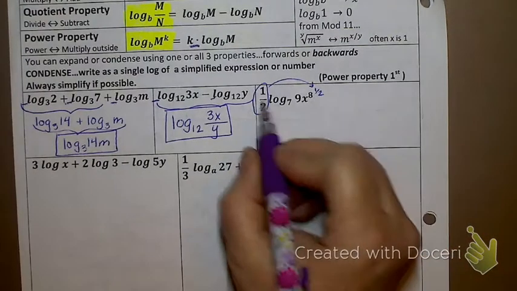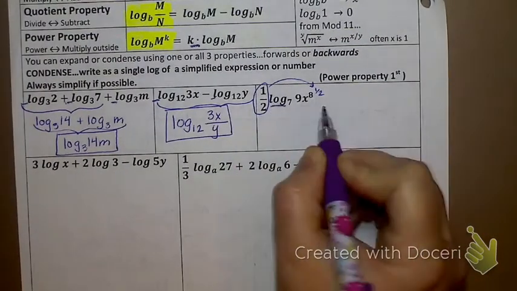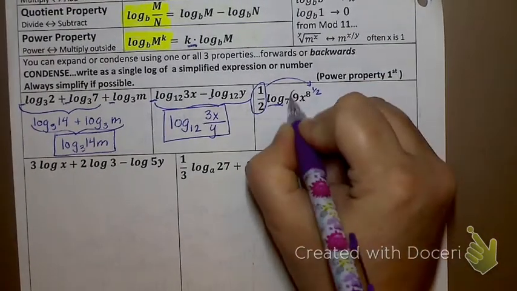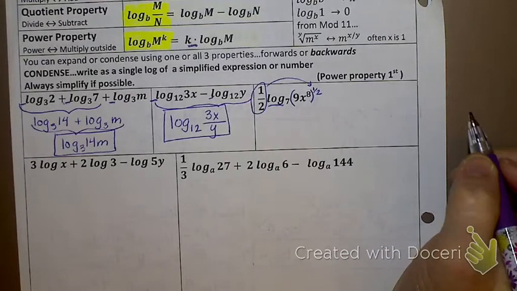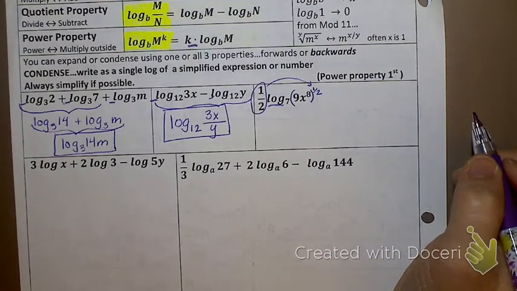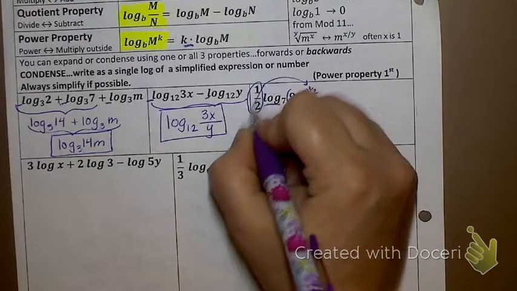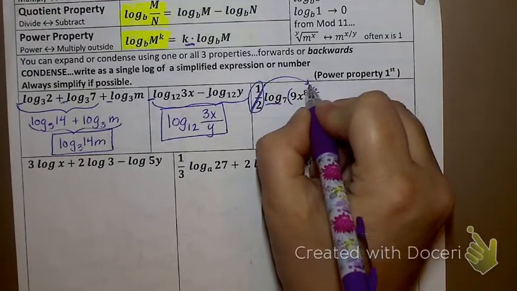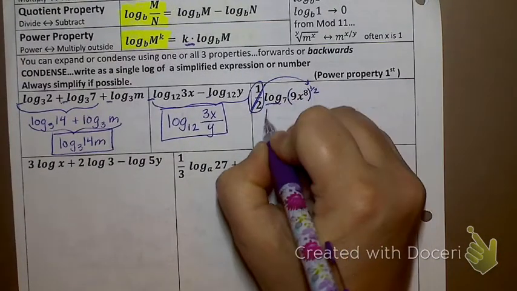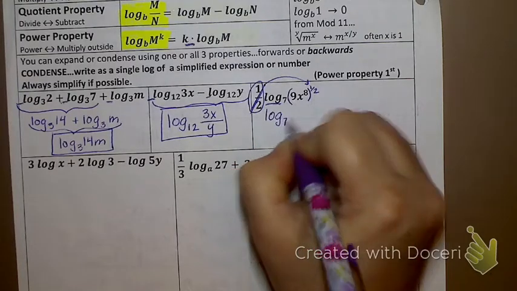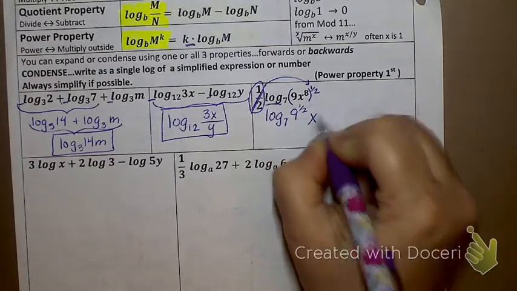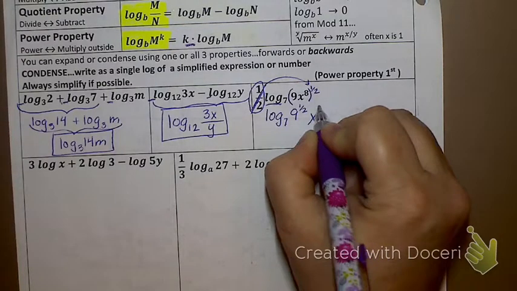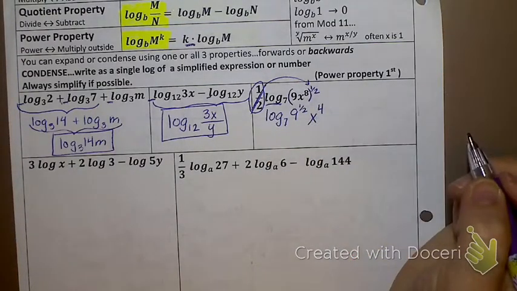Because this 1/2 applies to everything in the log, which means it's going to apply to both the 9 and the x to the 8th. Does that make sense? So I've crossed it out of the front. I need to apply that to both the 9. So that's going to look like log base 7 of 9 to the 1/2. And x to the what power? 8 times 1/2 is 4.